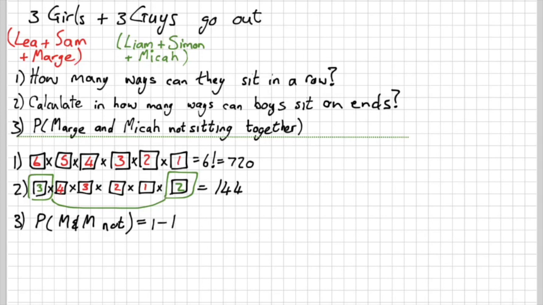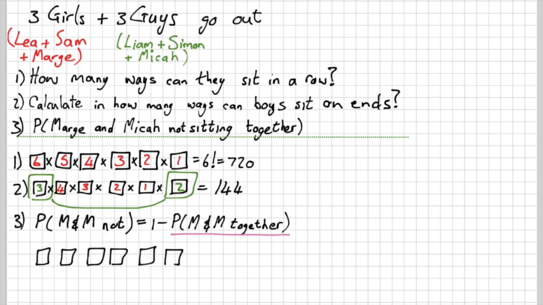The complement rule says that I could rather look at the probability of them sitting together. So in other words, let's put them in a box, even though they might not like it. I'm going to place those two lovely youngsters in the box together.